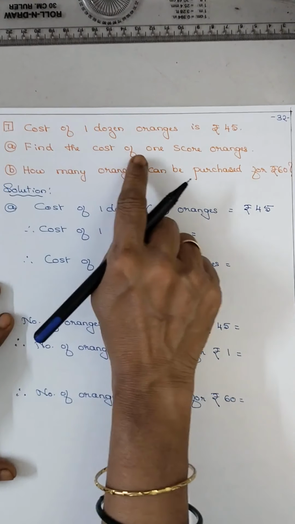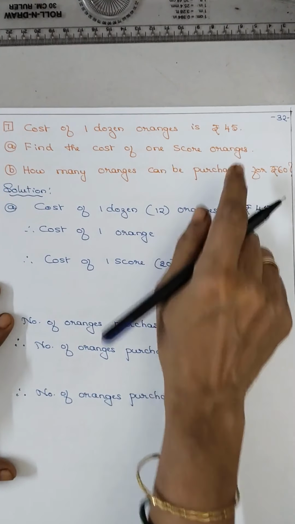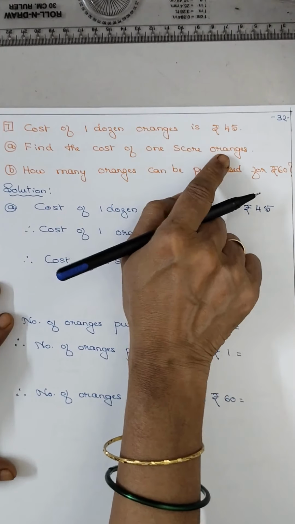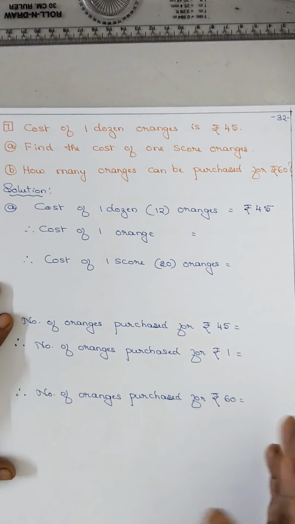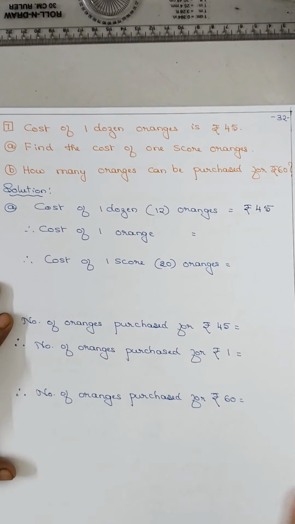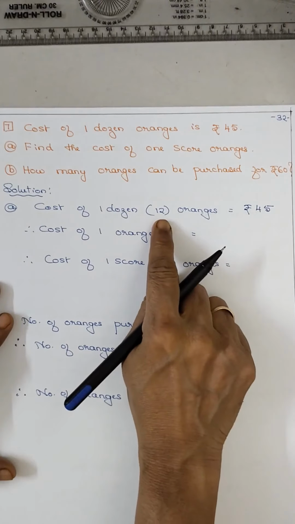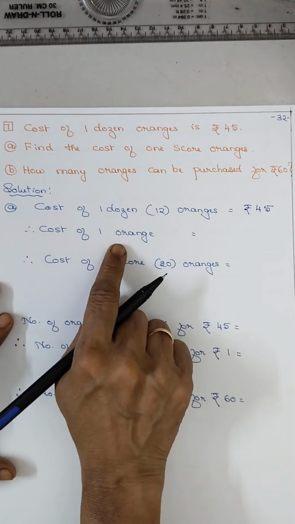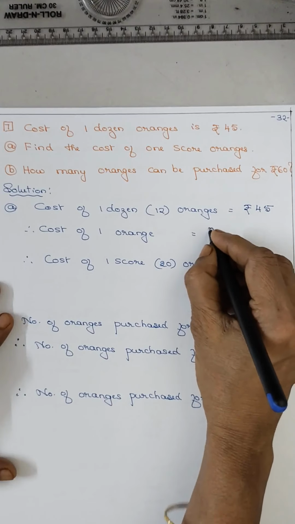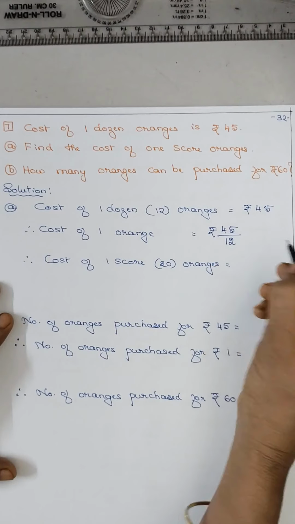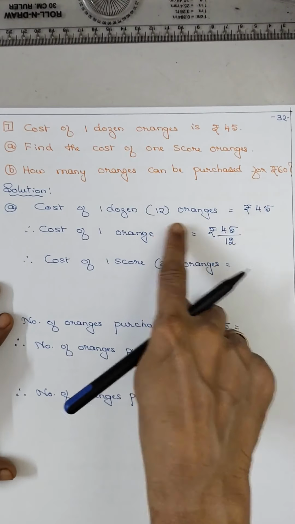First question, find the cost of 1 score oranges. 1 dozen का कॉस्ट दिया है, 1 स्कोर का पूछा है. 1 dozen means convert into number, that is 12 oranges is 45. Find out the cost of 1 orange, rupees 45 divided by 12 oranges, isn't it? So 1 orange के लिए 45 by 12.